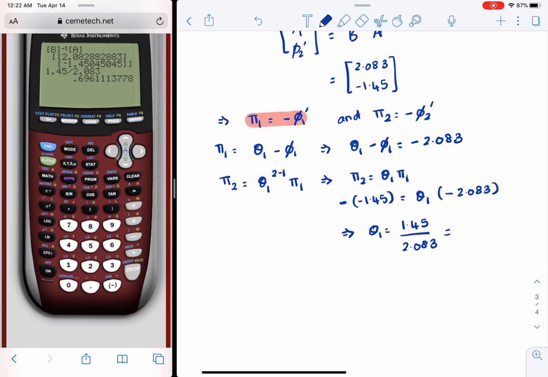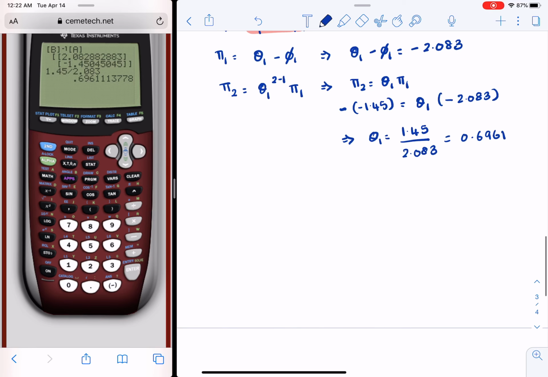And that would give me 0.6961 for theta 1.